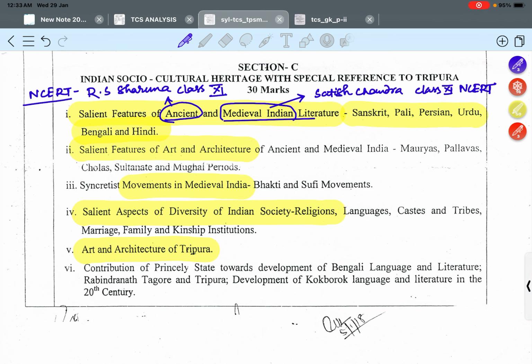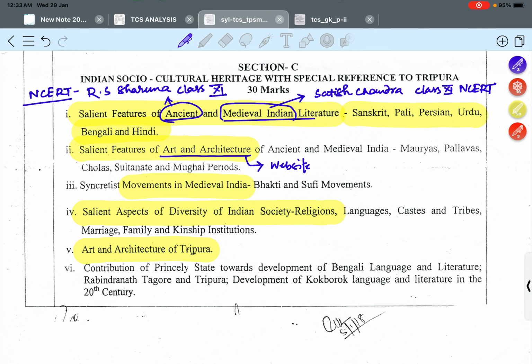Now for art and architecture. The best source is not in the market, it is actually the name of a website. There are also books, art and culture by Nitin Singhania, but I will not tell you any source because the best thing available is also free of cost.